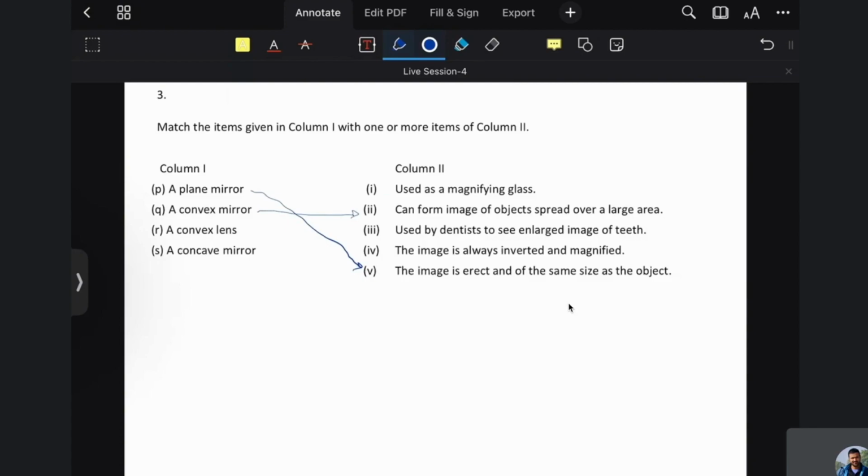Suppose there is a T point in the road, so the incoming vehicles can see which vehicle is coming from which side. So yeah, these mirrors are helpful there. Then a convex lens.